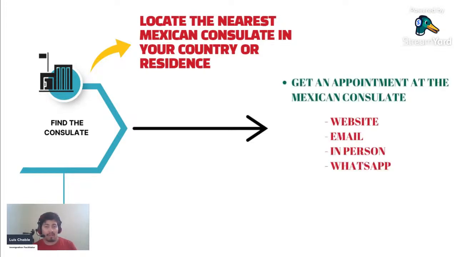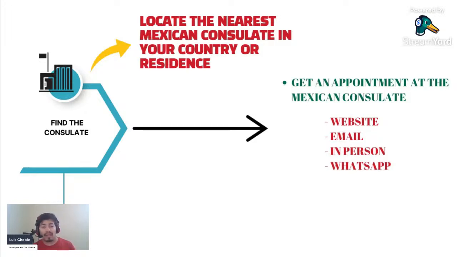The second point is when you locate your Mexican consulate, you need to know your consulate. You need to know what the requirements are for them, because each consulate has its own rules. Yes, each consulate makes appointments on a website, or by email, in person, or WhatsApp.